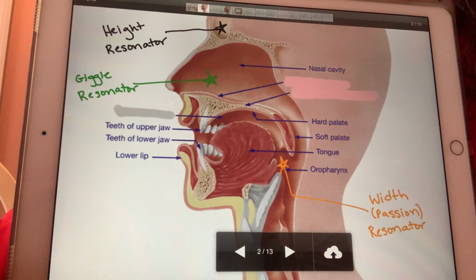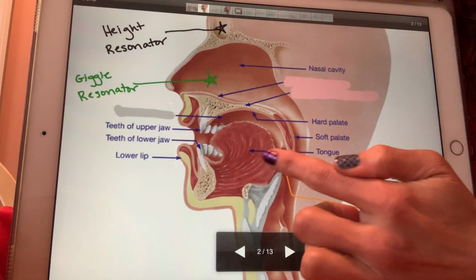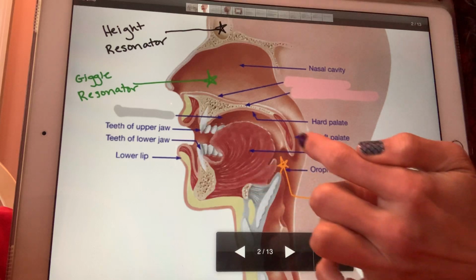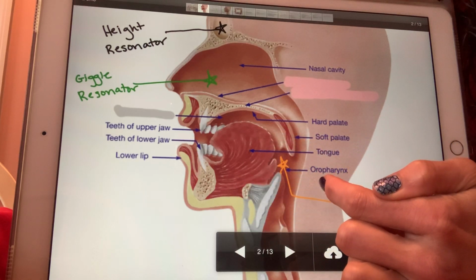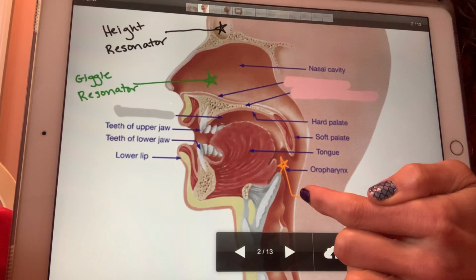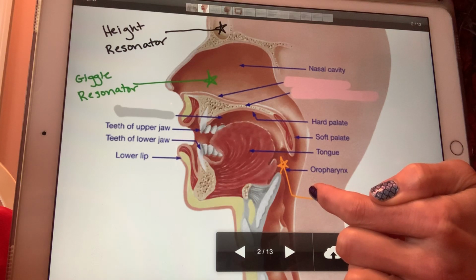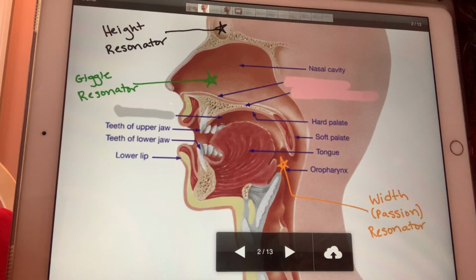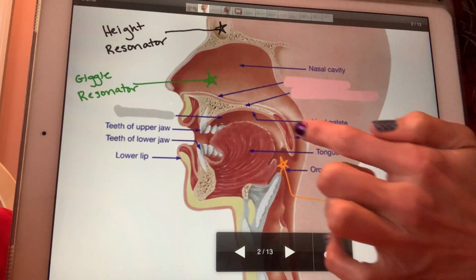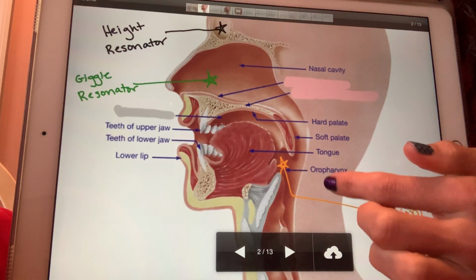Thinking about opening that space up in the back of our throat, we want to make sure we're doing that without tension, but we're utilizing this space. It's easy and comfortable to get into this space, but this space by itself doesn't resonate with other people very well. It doesn't ring very well, and that's what we're looking for when we're singing barbershop. So this space by itself is one that's easy to get into, but not one we want to spend all of our time in.